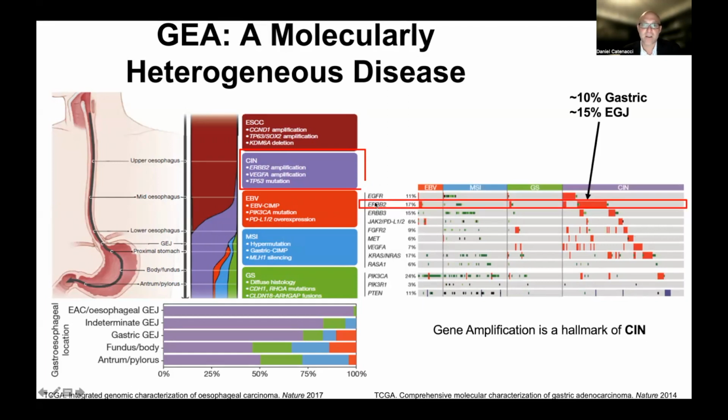And we can see here that HER2, also referred to as ERBB2, really clusters as being abnormal in the chromosomal instability. The amplified tumors are indicated here in this graph in red. And you can see all the red that clusters here in the chromosomal instability. In fact, about 10% of gastric and 50% of the esophageal and G junction adenocarcinomas have HER2 gene amplification.